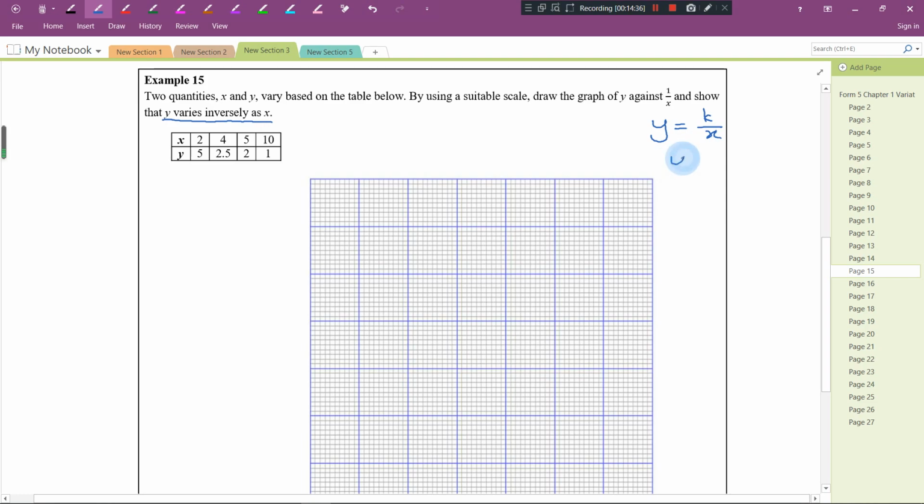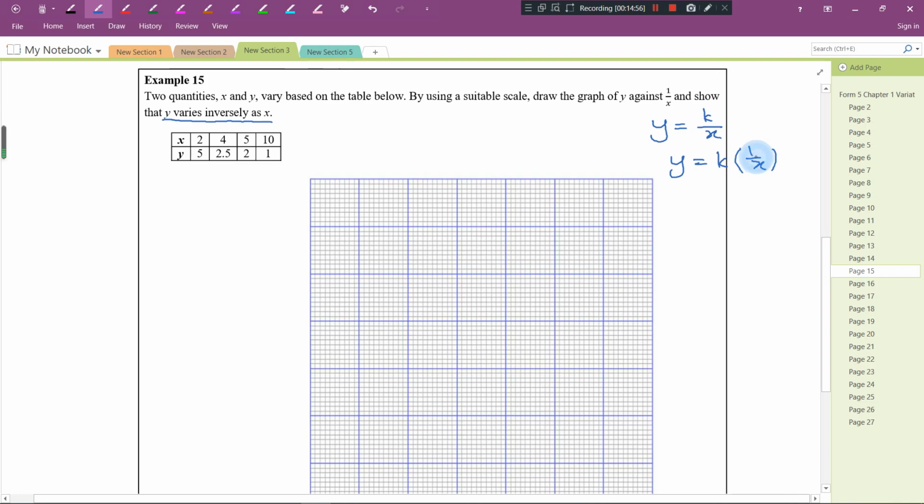So if you draw a graph of y against 1 over x, you know that it will be a straight line, and k is the gradient of the graph, and this straight line will pass through the origin.